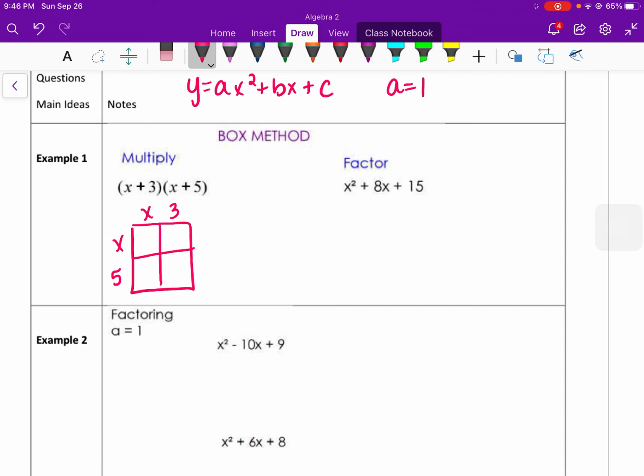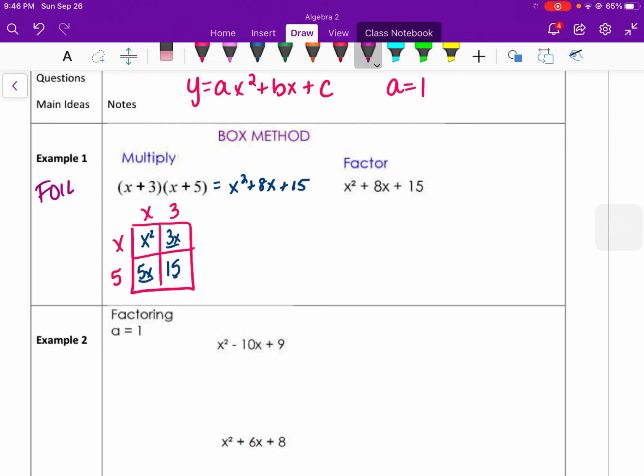Put my terms on the outside, so x and positive 3, x and 5, and then multiply corresponding positions. x times x is x squared, x times 3 is 3x, 5 times x is 5x, and 3 times 5 is 15. Then combining like terms, you'd get x squared, 3x plus 5x is 8x, and then plus 15. So the box is just another way of multiplying this out.